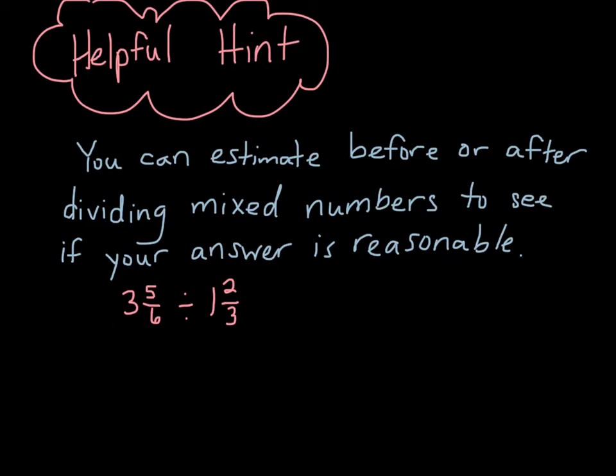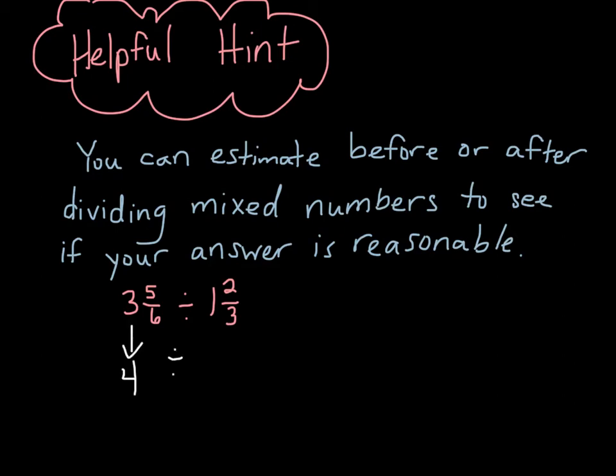If it's less than half, then you can probably drop that fraction off and just keep that whole number the same. So in this case, 5 is pretty close to 6, so it's definitely more than halfway. So we're going to round this first mixed number, 3 and 5/6, up to 4.